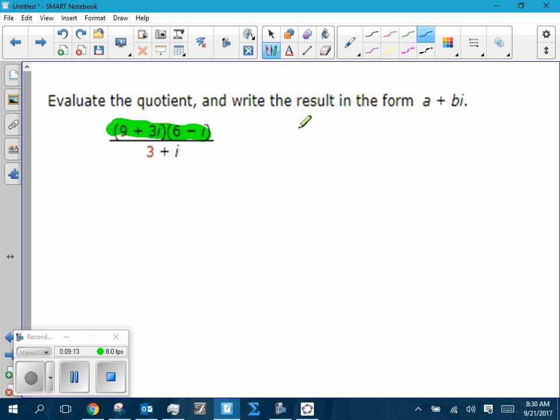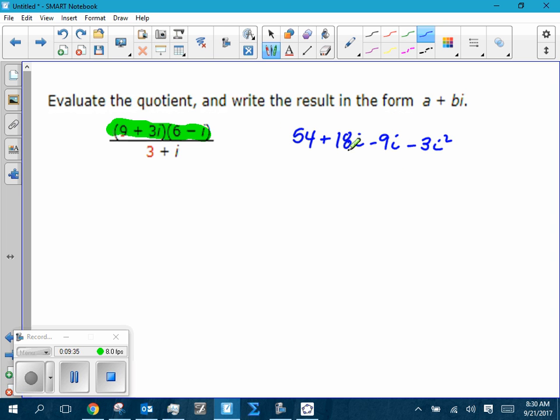So 9 times 6, 54. Plus then 3i times 6, so 18i. And then what, negative 9i. And then negative 3i squared.